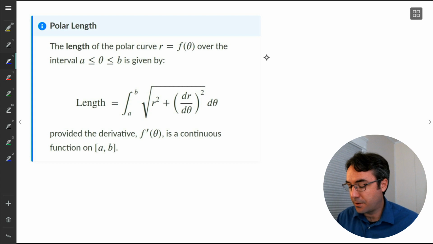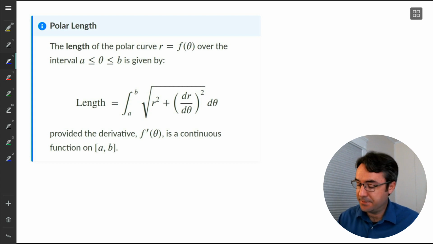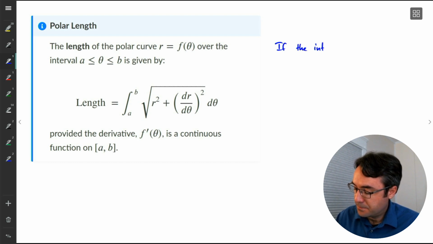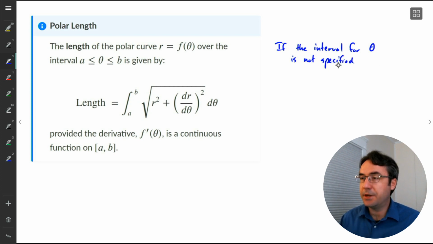So the interval for theta here, if it's not specified, what we really want to do is find the theta values that trace out the curve exactly one time.